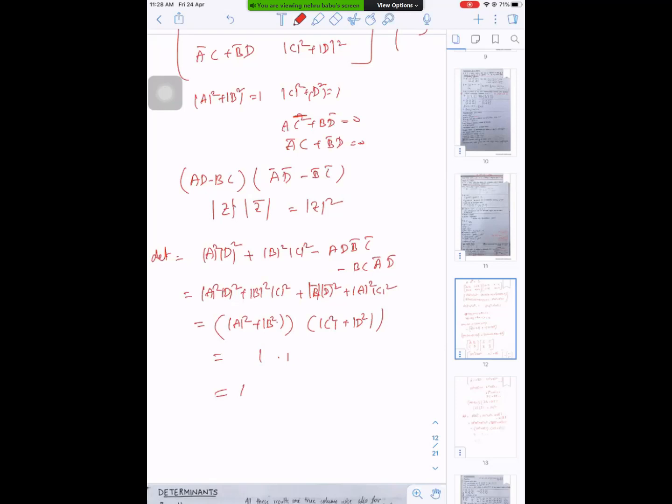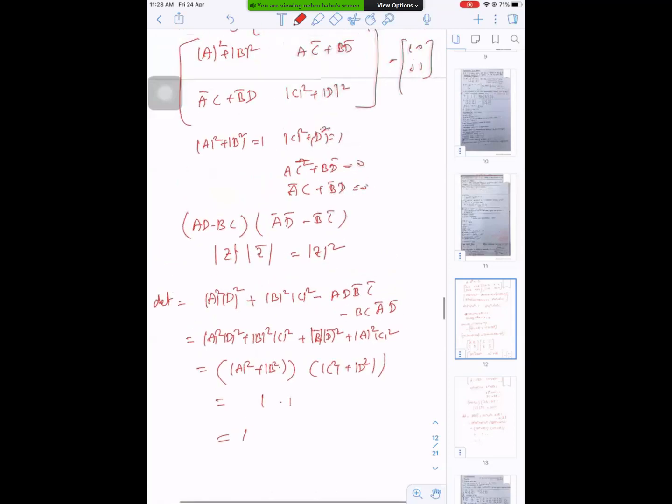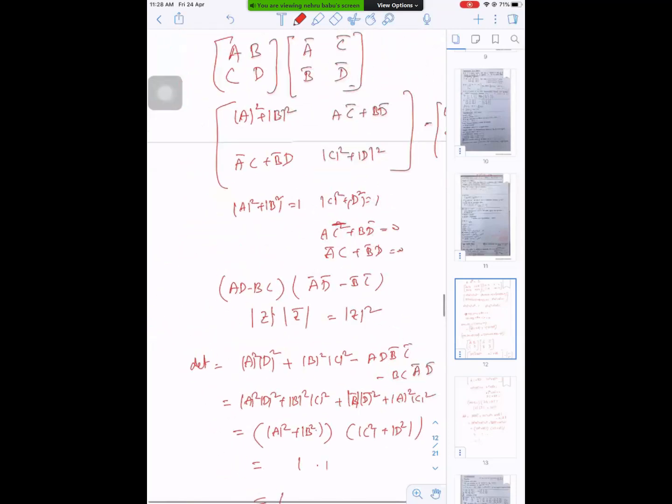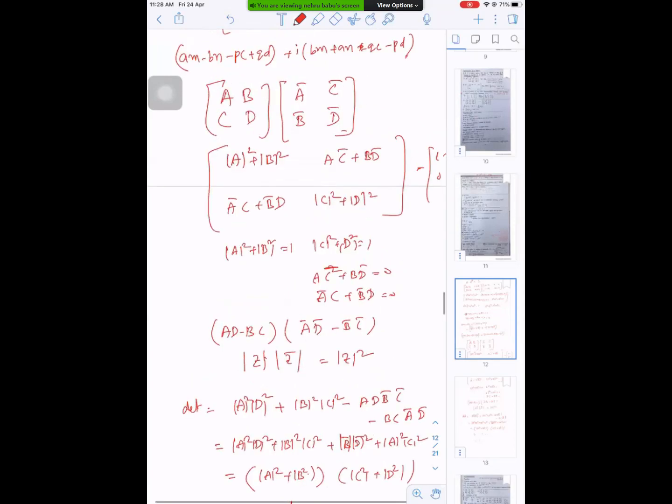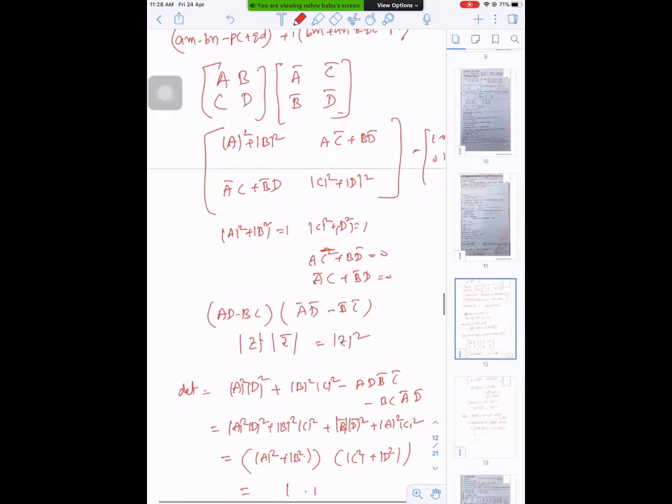If you multiply this by its conjugate, that is coming as 1 only, by using this property. The doubt is: we didn't prove that det A is 1. We proved that det of A into A star is 1, which is anyway true.